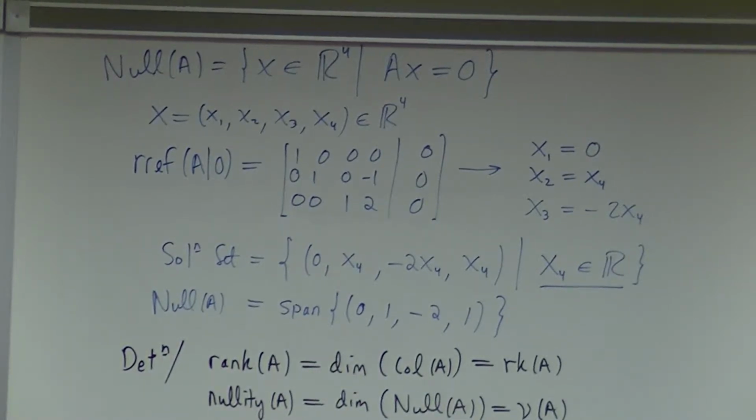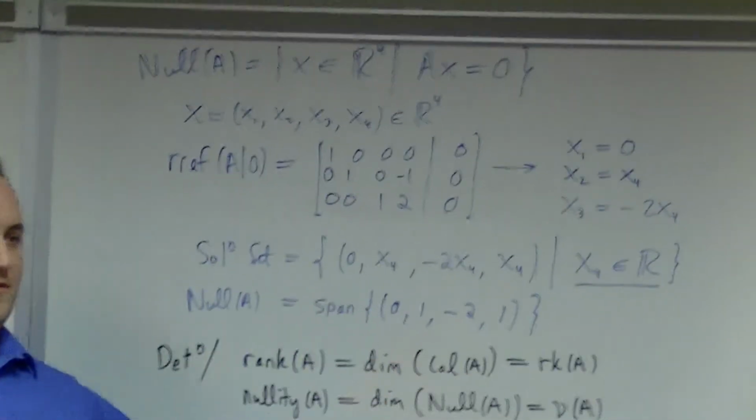So what's the significance of rank and nullity here? For this example, the rank of A is 3. And the nullity of A was what? What's the dimension of the null space?